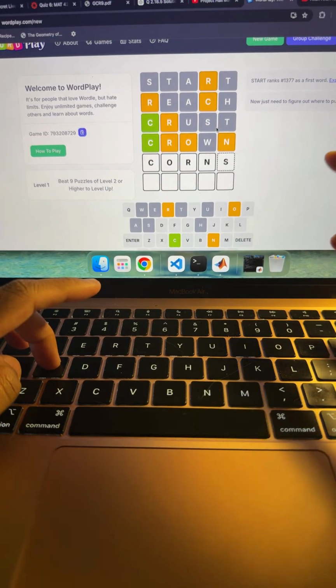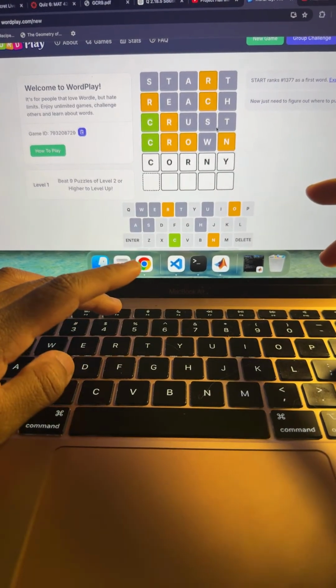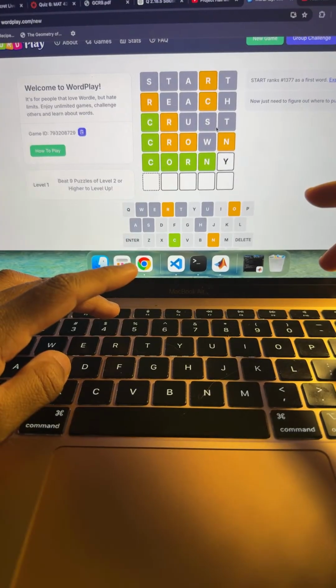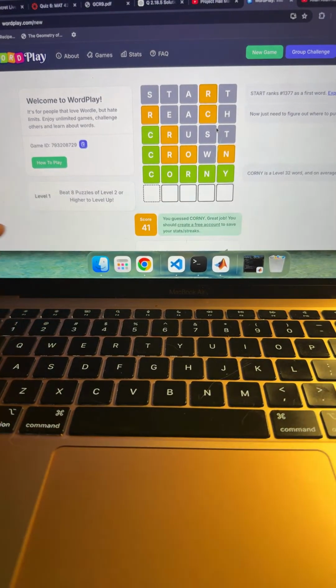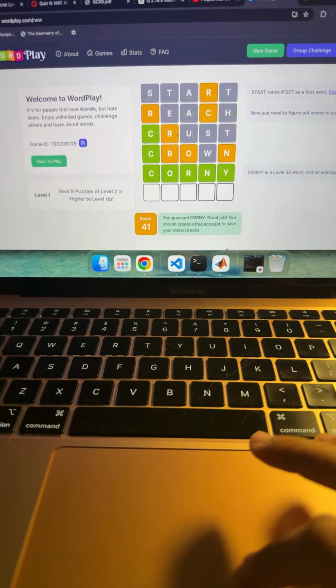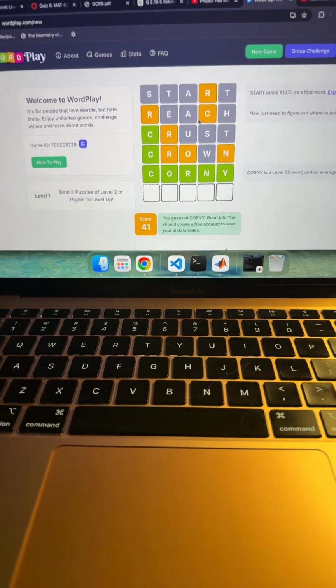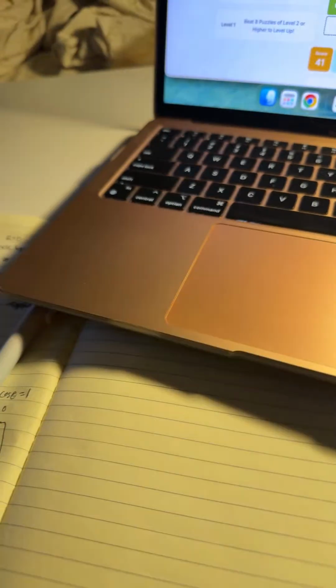Corns. There's no S. Corny. Hey, we got it. That's always satisfying. Alright. Look at those fireworks. Yay. See, small bursts of happiness gets you going.